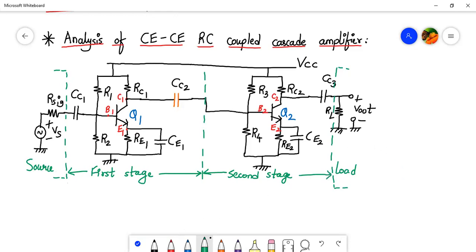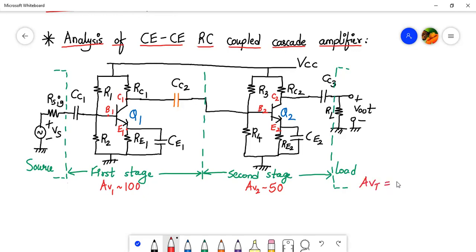Okay, so the advantage of a cascade amplifier is that, let's say the first stage gain is around 100 and the second stage gain is around 50. For a normal common emitter amplifier, achieving such gain is not impossible, right? So what will be the overall gain for a cascaded stage?